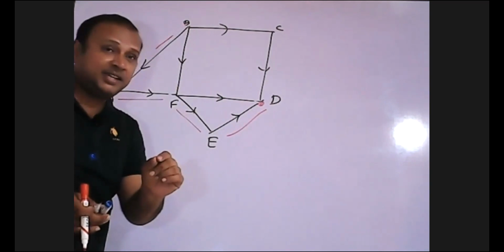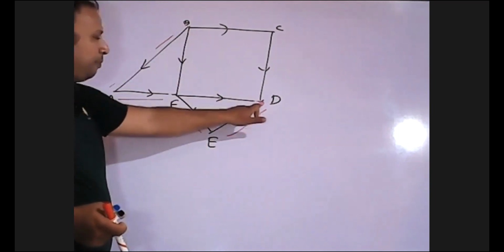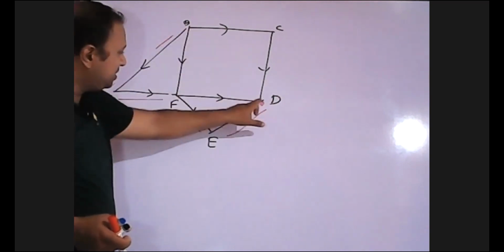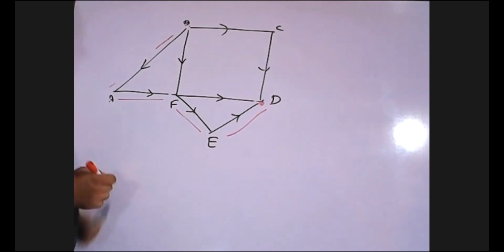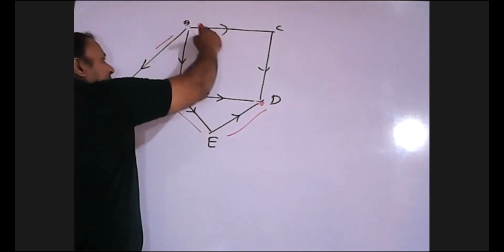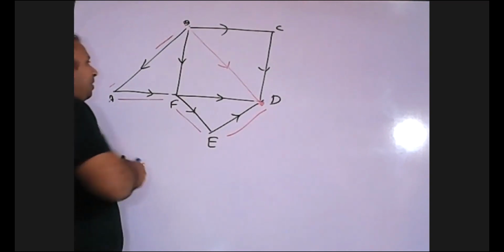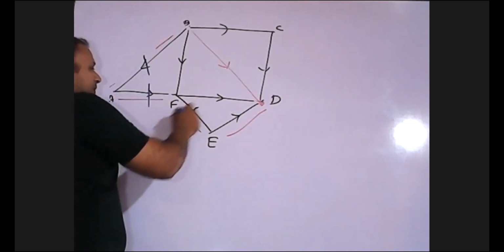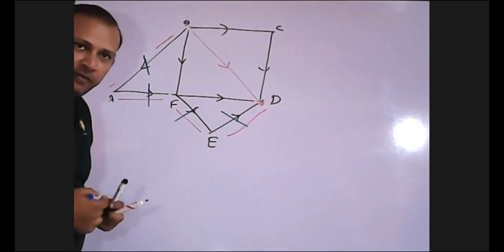Therefore, the resultant of them is from the starting point to the end point. This is the gap now. So BD is the resultant of this one. Therefore, now you can omit these four forces.